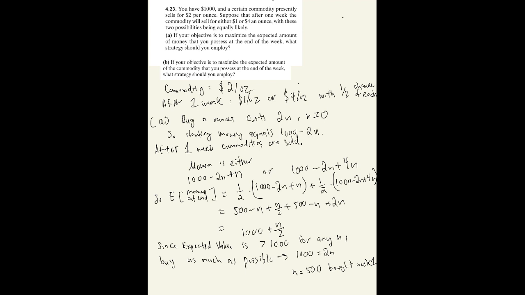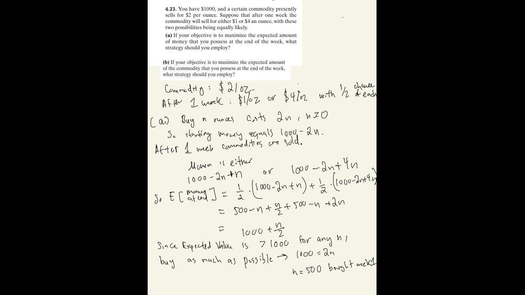So to start off with, we have 1,000 minus 2n as the amount of money that we are starting with. After 1 week, we have 2 possibilities where the commodity is either $1 or $4. If it becomes $1, that's half the value, so we add n. If it's $4, we add 4n.